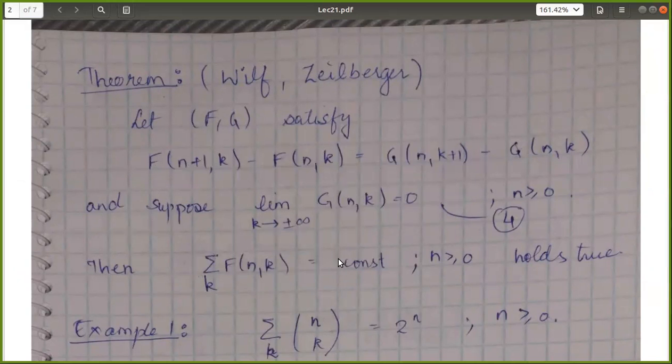Then this particular identity holds true for every non-negative n. This is the theorem which Wilf and Zeilberger proved. As it is theoretical, it just says that as long as you have a function f and a function g which satisfies this, and further g has to satisfy this, then what can you say about f is this for every value of n.